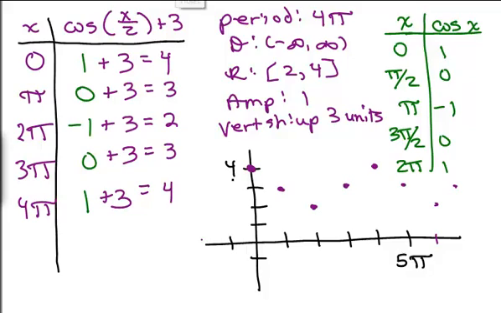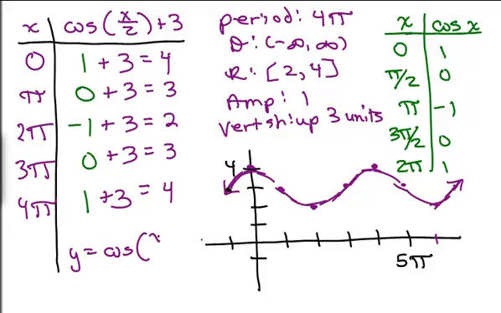This is curved. You really have to practice making it look nice and curvy. So I've got more than one period here, right? Get the idea. And there we have the graph of y equals cosine of x over 2 plus 3.